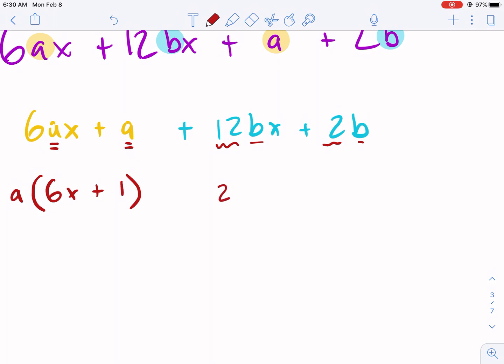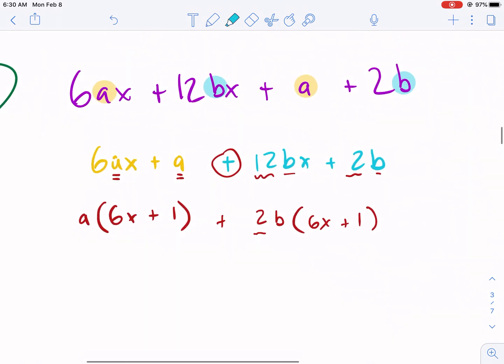A 2 is common among both 2 and 12, and then a b is common to both. But what is left? I'm going to have plus here, because this is a plus sign. What's left? Well, 12bx divided by 2b, and I get 6x. Then 2b divided by 2b, my greatest common factor, and I get 1.